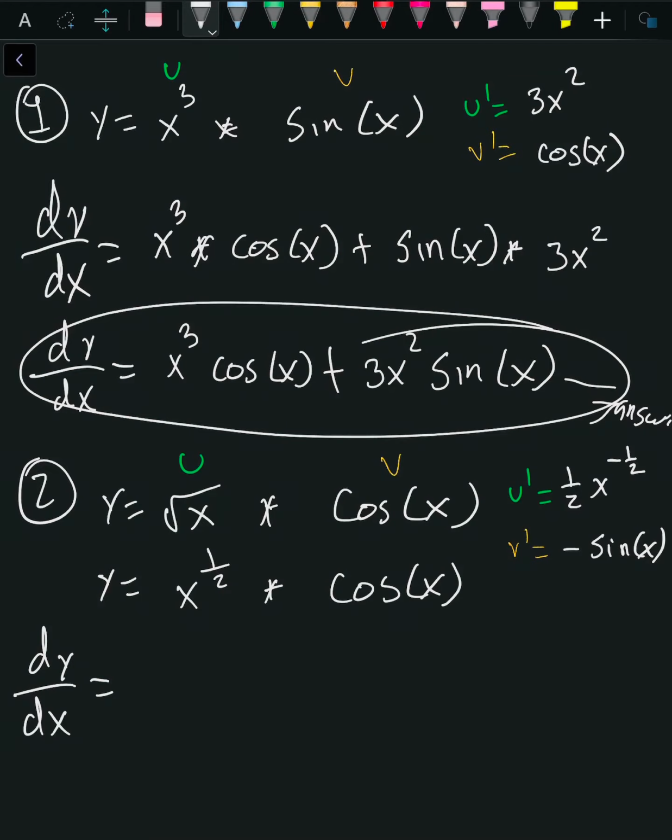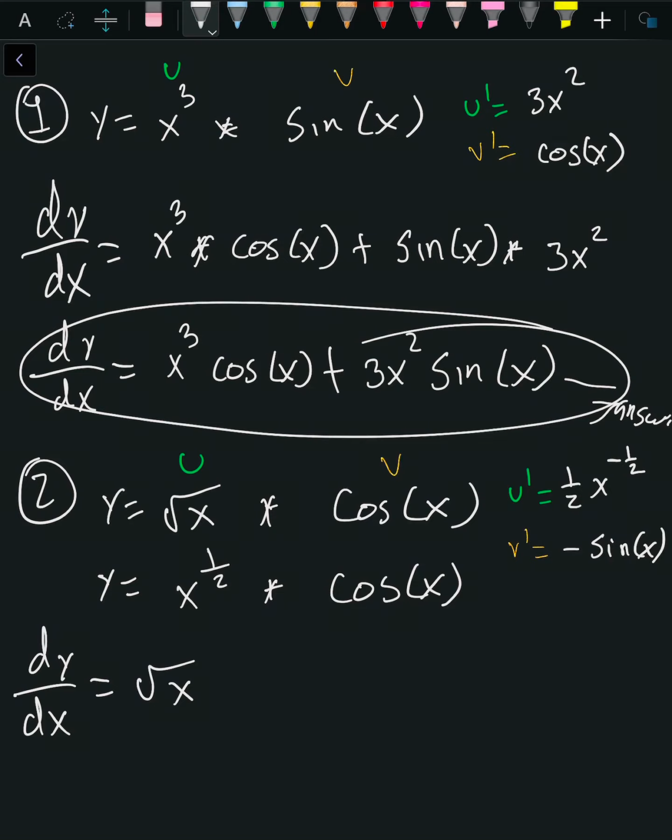dy dx is equal to, so the first term, which is square root of x, if you want to write square root of x this way or this way, both ways are fine.